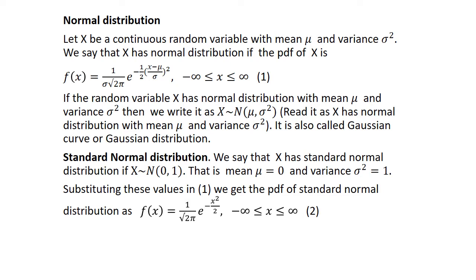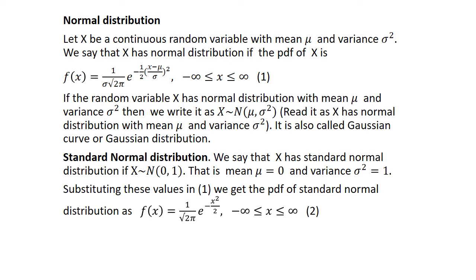Standard normal distribution: we say that x has standard normal distribution if x has N of 0, 1. That is, mean mu equal to 0 and variance sigma squared is equal to 1.